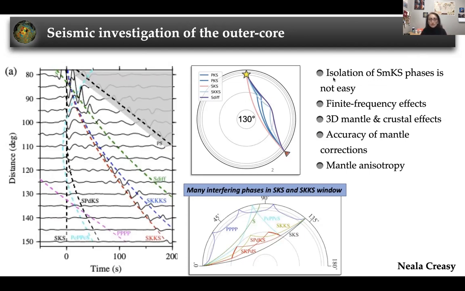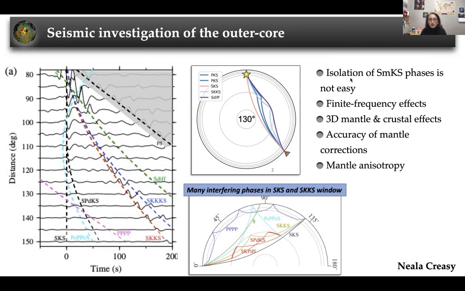But the challenge is that this is such a simple radially symmetric, or just layered, model in the outer core. But we first have to solve the complicated crustal and mantle structure on top of that. We have to pass this zone.